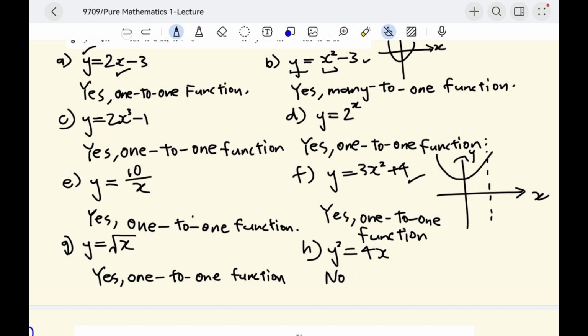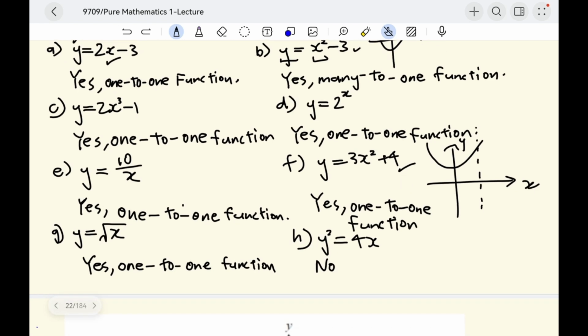Why? Because your y is not equal to a function of x. To say it is a function, you need y equals a function of x.